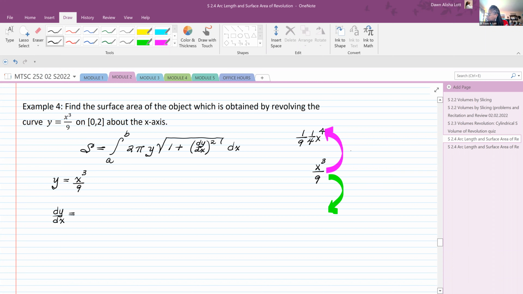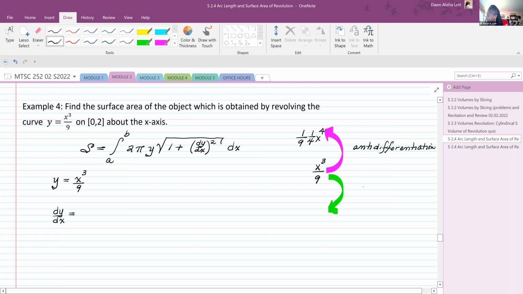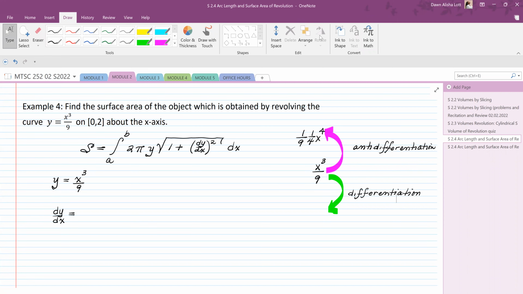So this was anti-differentiation. I know it is a lot to keep in your head. Lawrence, do you understand? Yes. There's an antiderivative and there's a derivative.